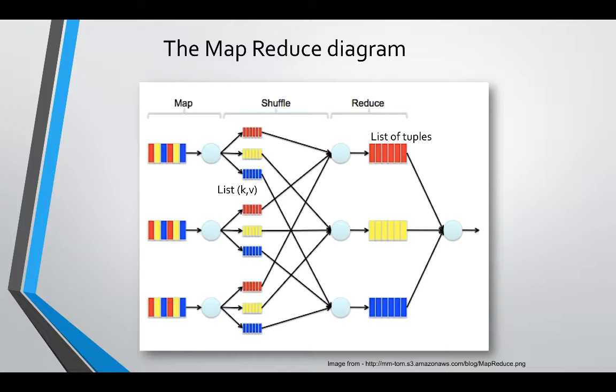MapReduce wants to create this data flow and produce at the end an output that can be used by the developers or by the data consumers. So once they produce the list of tuples, they are in some way aggregated towards the output. This is done always by the MapReduce component.